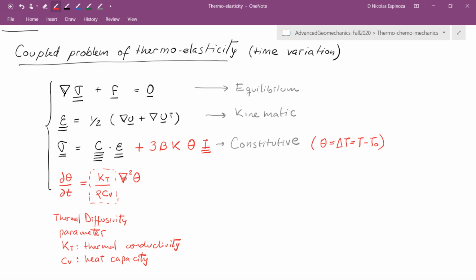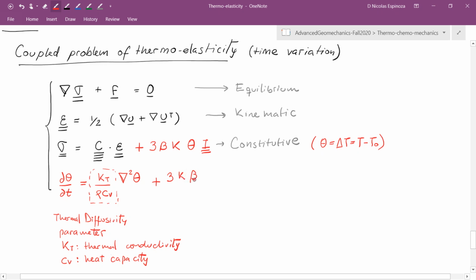However, in order to couple this with thermo-elasticity, we need to add a second component, which is going to tell us what is the variation of temperature as a function of variation of volumetric strains. And it looks as follows.